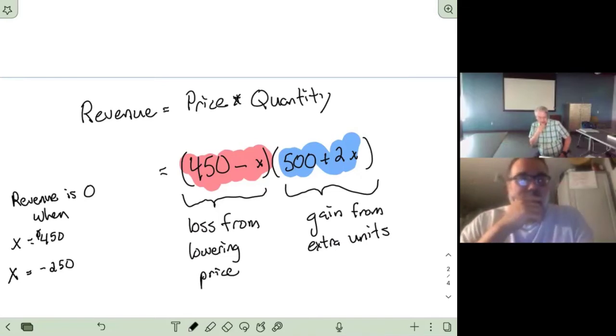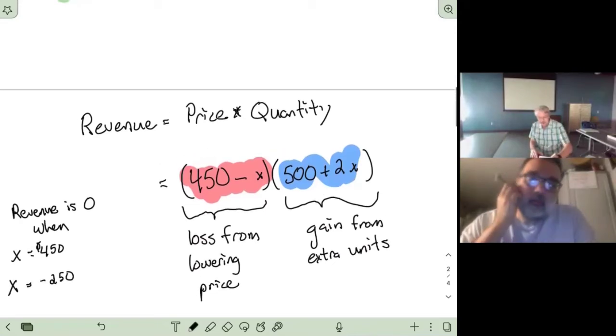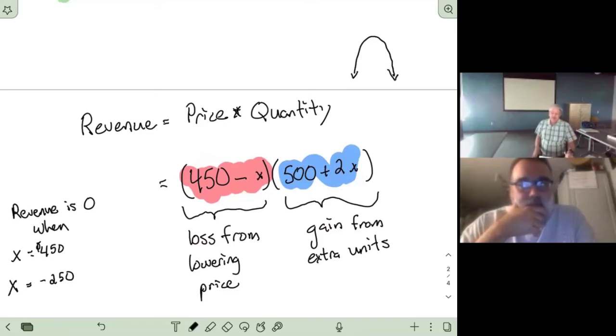So with just this simple structure, you can think of drawing your parabola, and it's going to be facing downward.